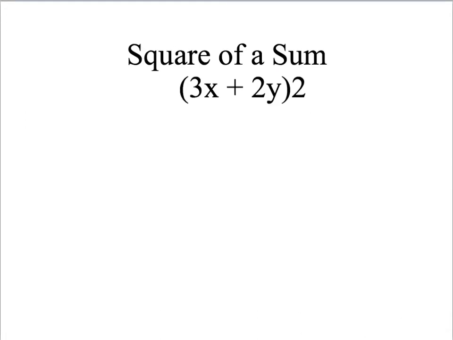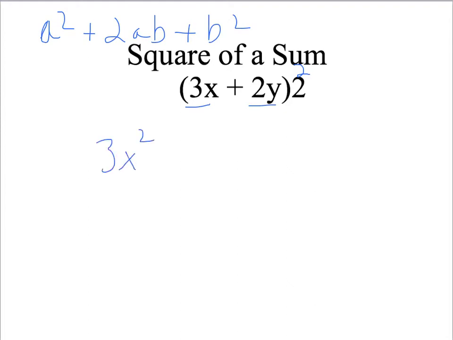So let's use this with the square of a sum. The rule says that you have a squared plus 2ab plus b squared. So this is a and b. So a squared is 3x squared, plus 2ab, 2 times a times b, and then the last one is b squared, so 2y squared.